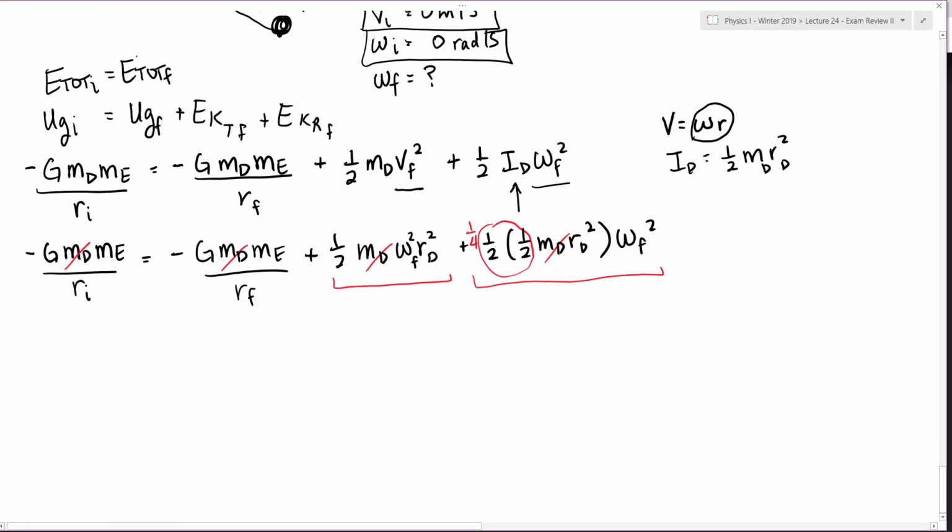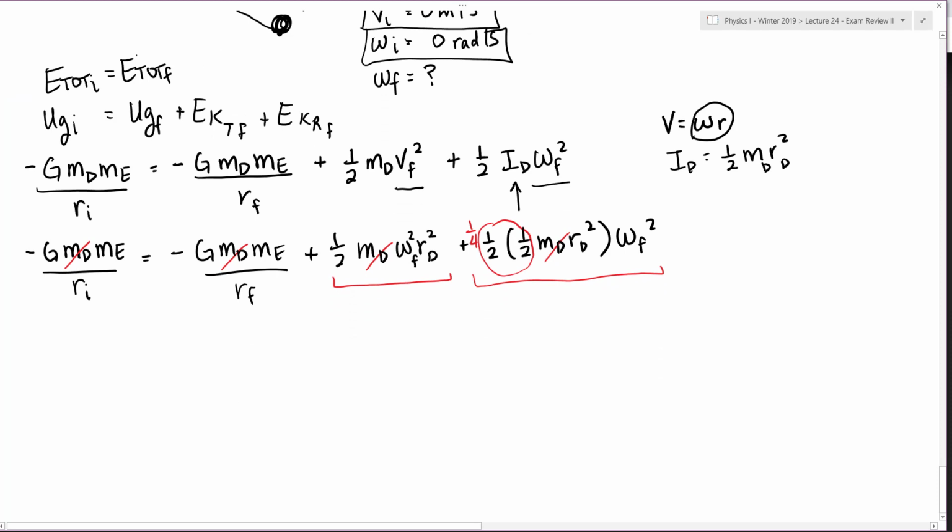Let me rewrite all of this a little bit neater. I have negative G mass of the Earth over r initial equals negative G mass of the Earth over r final, plus 3/4 r squared omega squared. And we're solving for this omega squared.